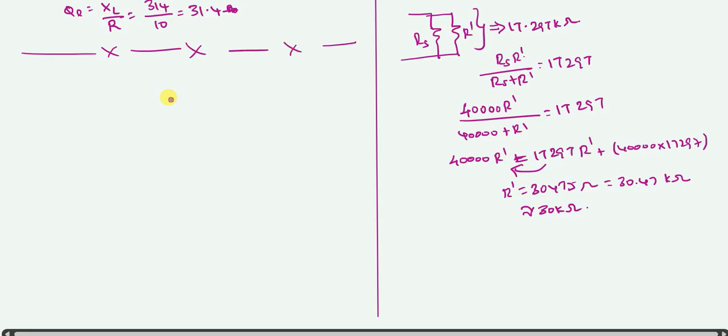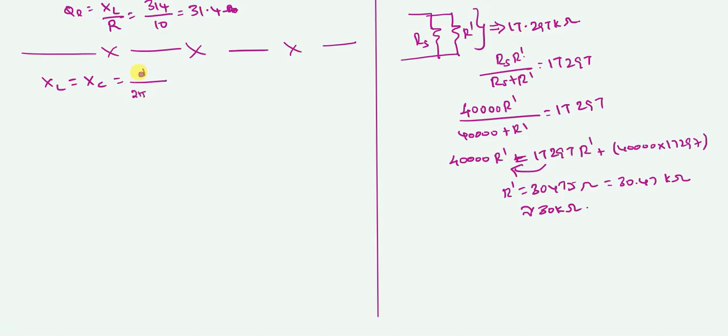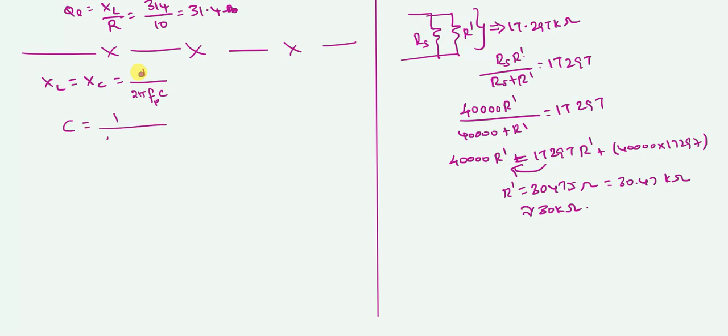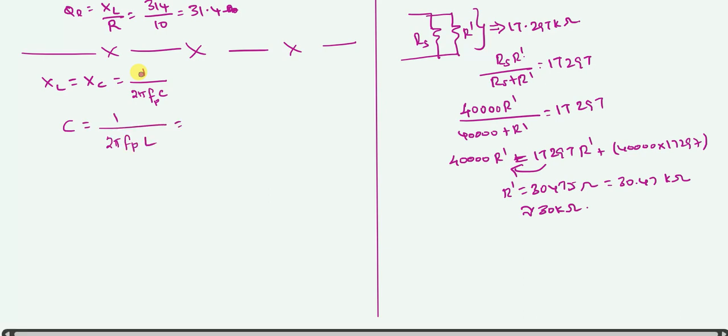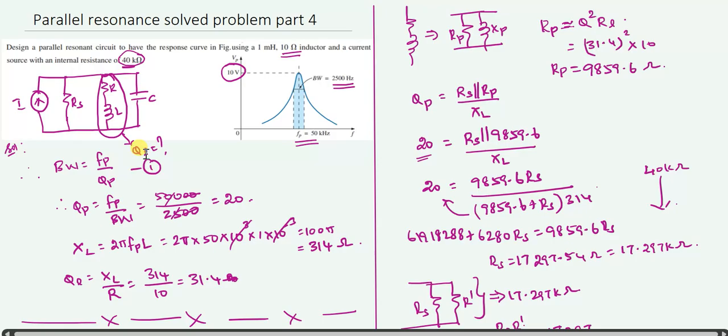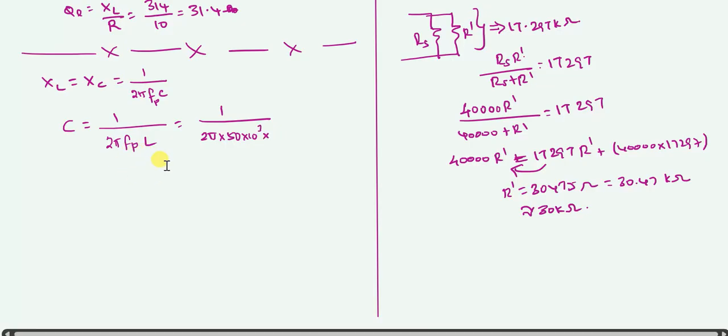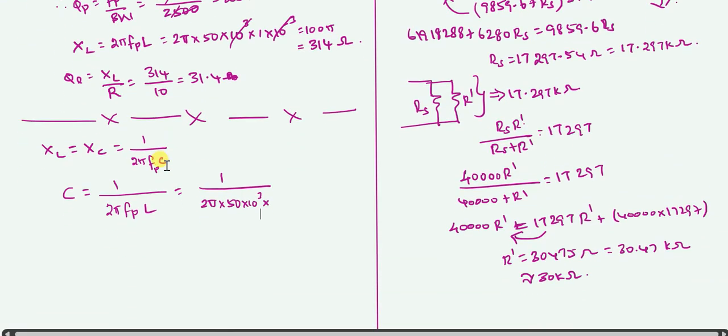Here I want to find out the value of C at our resonance condition, XL equal to XC, and we know that XC is equal to 1 divided by 2 pi f into C. I want to find out the value of C, which is equal to 1 divided by 2 pi fp into L. So 1 divided by 2 pi into, here the fp value is equal to 50 hertz, 50 into 10 to the power of 3, into the value of inductance, I think it is 1 millihenry from the figure.